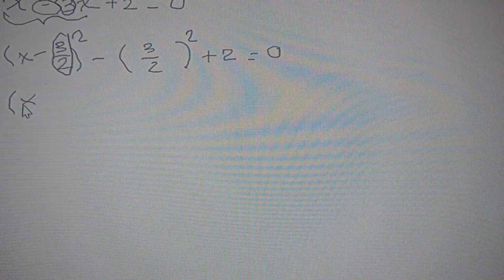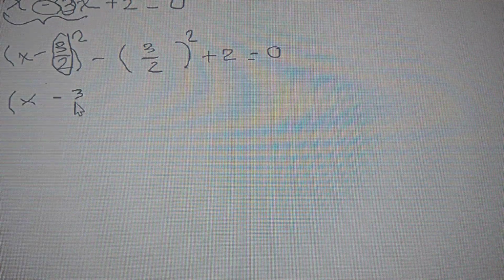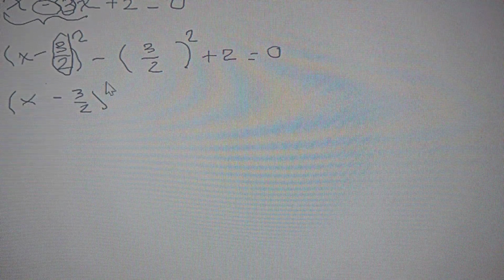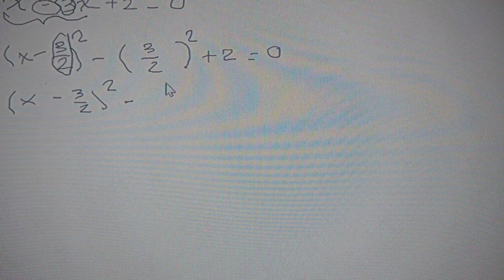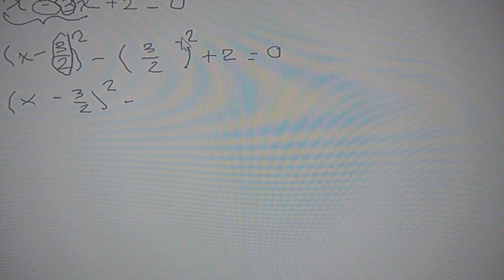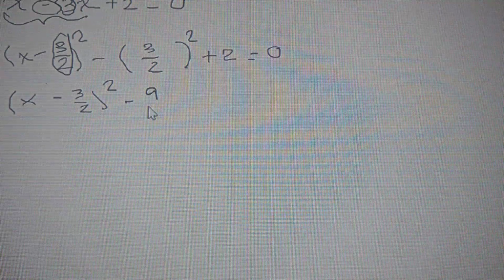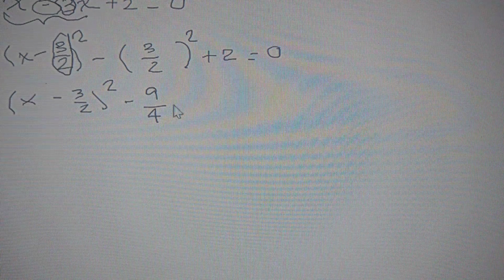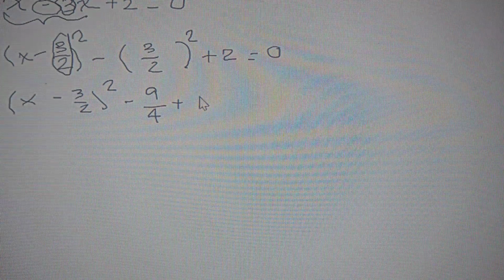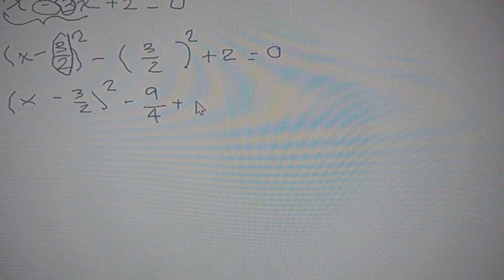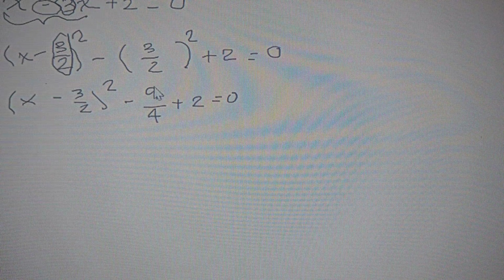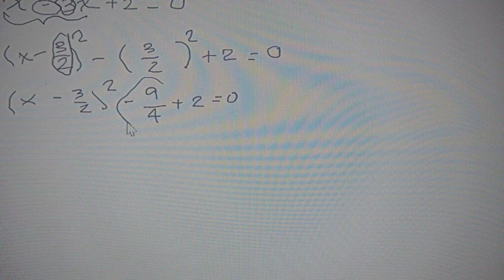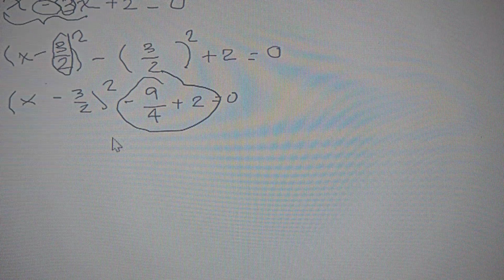It says x minus 3 halves squared minus 3 squared is 9, 2 squared is 4, plus 2 is equal to 0. Okay, so let's gather and combine these terms.